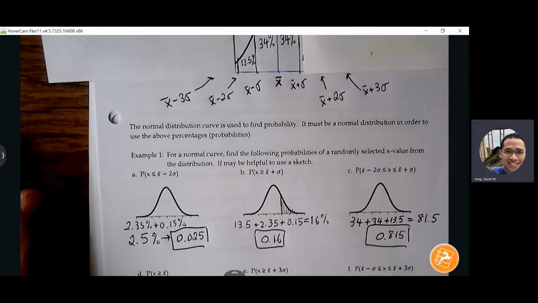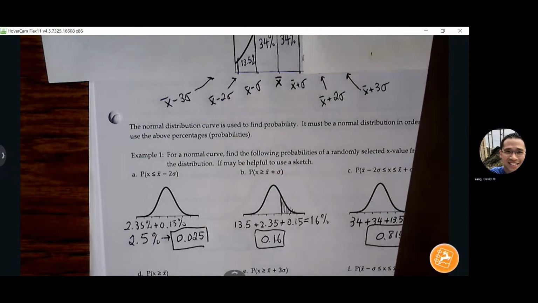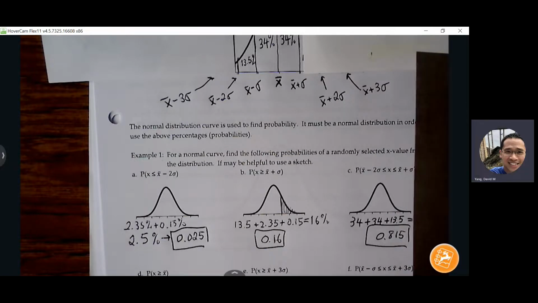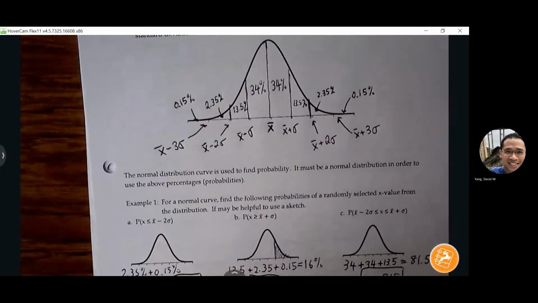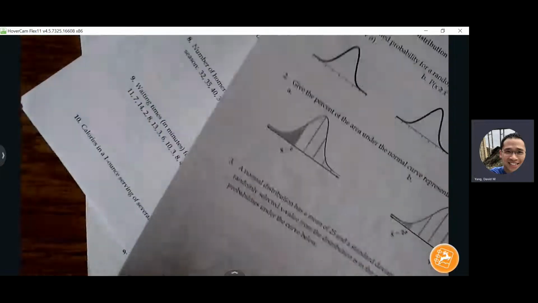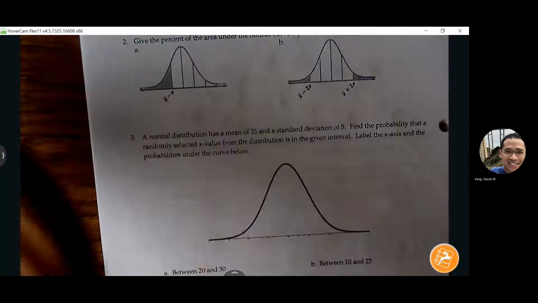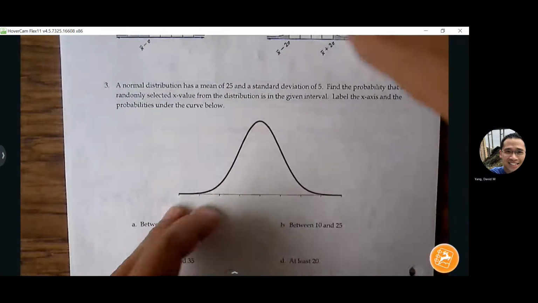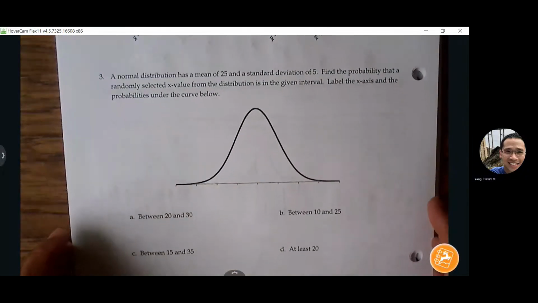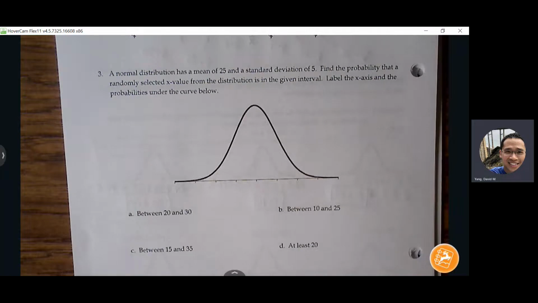Okay, does that make sense to everyone? Okay, so go ahead and see if you can try D, E, and F. After this, we're going to do number 3 on page 16, and then we'll be done for the day.